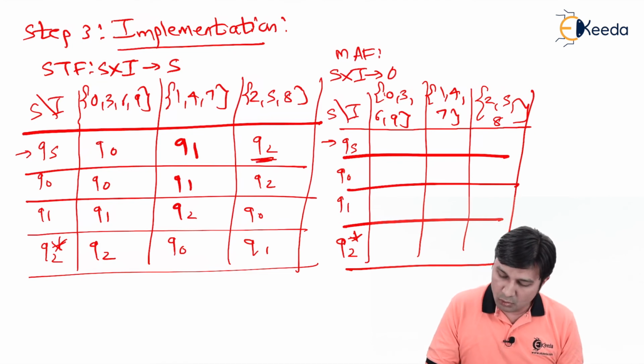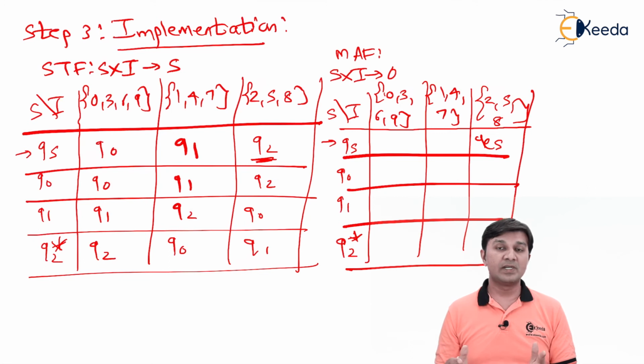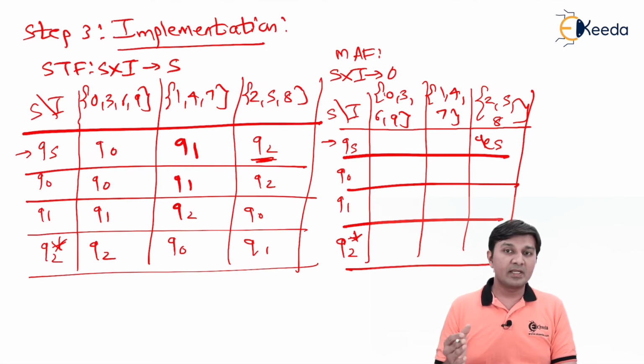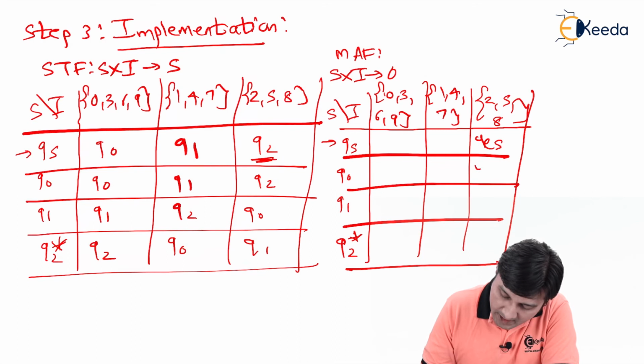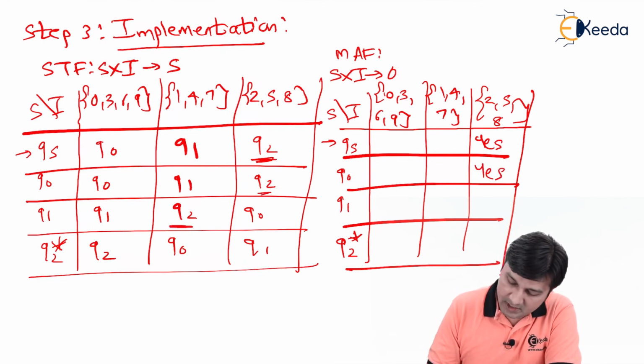Since this is Q2, in the corresponding column I write yes, because my output function was saying given a state and an input, tell me whether the number is divisible by 3 or not. So I write yes over here. Similarly, here I again write yes because this Q2 is corresponding over here. For this Q2 I write over here yes, and for this Q2 I write over here yes.